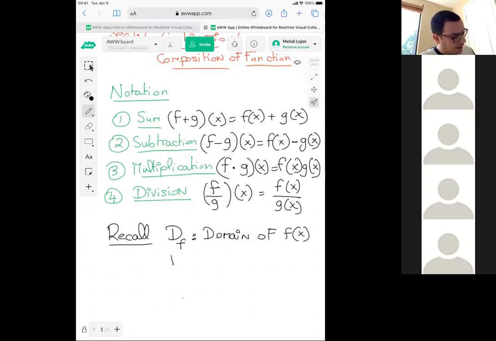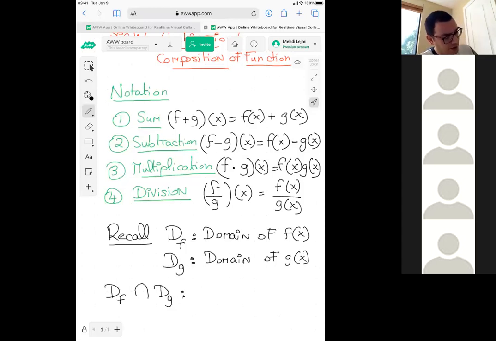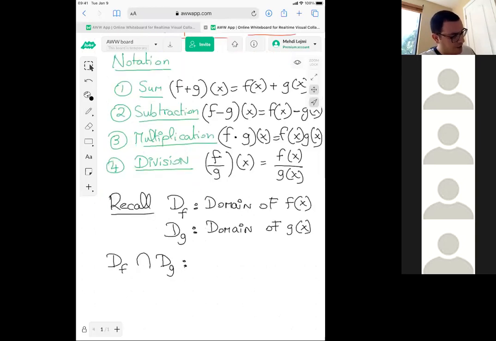And then let's say you have D subscript g, that's the domain of g of x, right? Then we denote by df, with a reversed capital U, dg, the common domain to f and g, or the intersection domain.